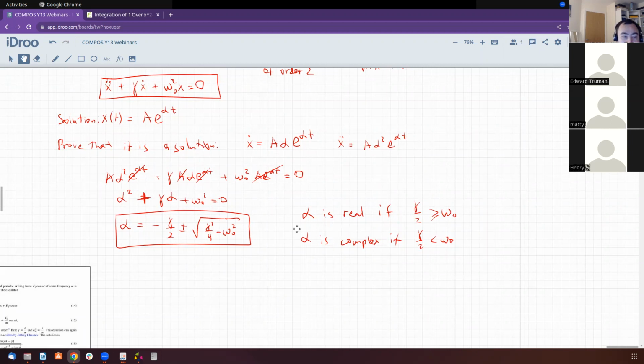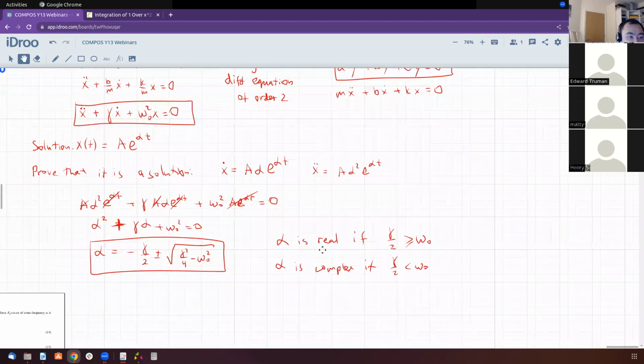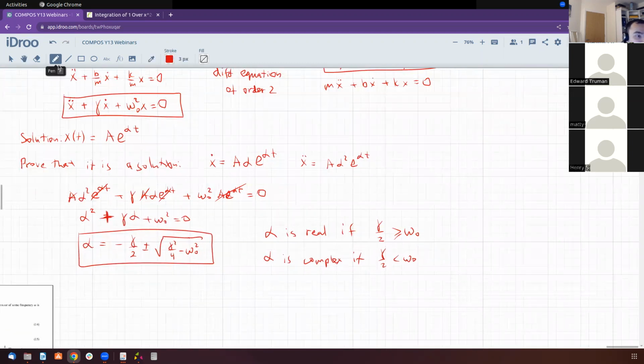Okay. So what does it mean? If the solution is, if alpha is real, you displace a pendulum. So you have a pendulum, you displace it, and you release it.